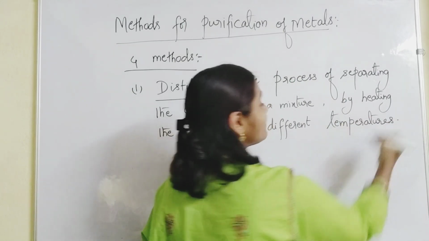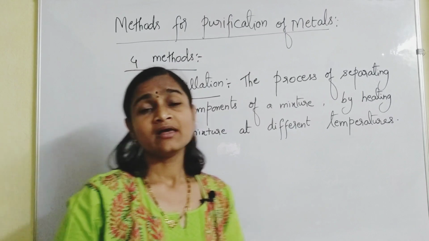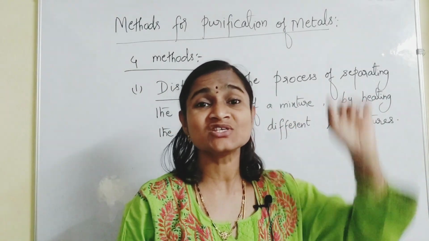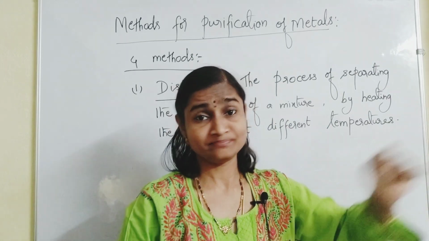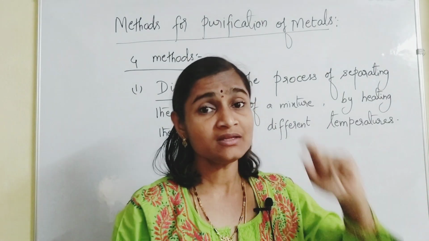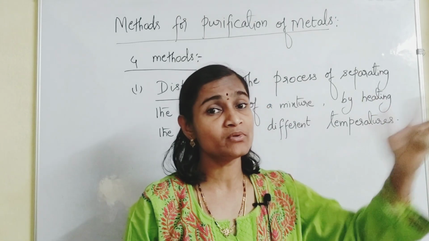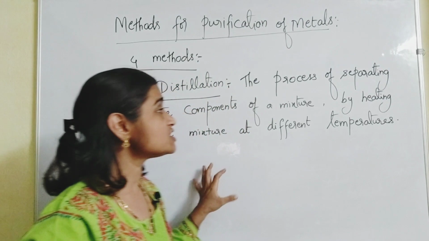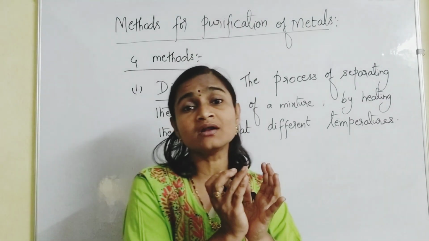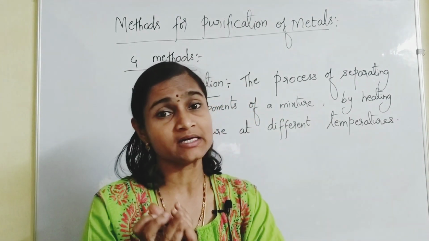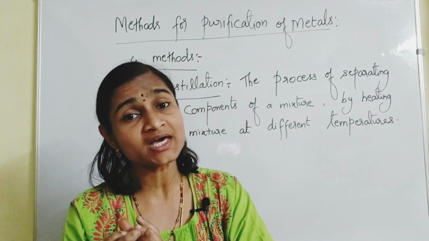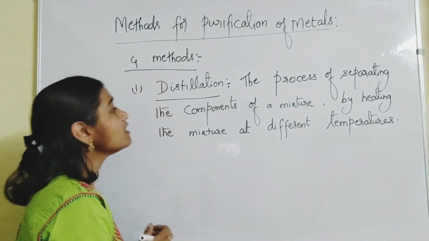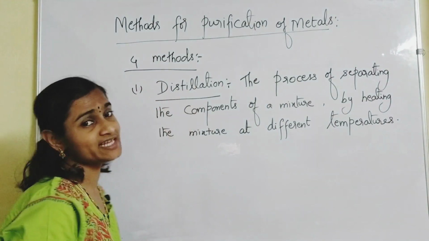At one temperature, one component reaches its boiling point, so depending on the boiling point of that substance, that component can be separated from the mixture. So the distillation method is the process of separating what? Impurities and ore particles. Here we are separating impurities and ore particles, and that process you call distillation.